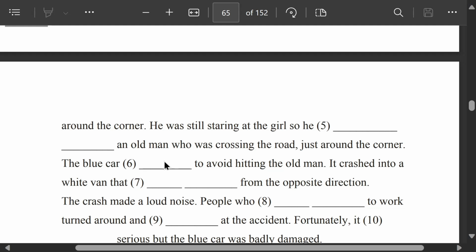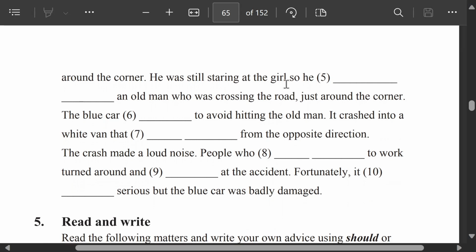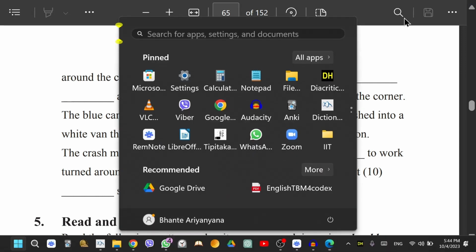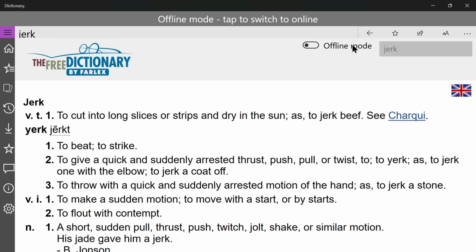Even I don't remember. The word is not coming to me. Do you remember? No? Like it's to jerk. Not something we use very often. It's like to jerk.